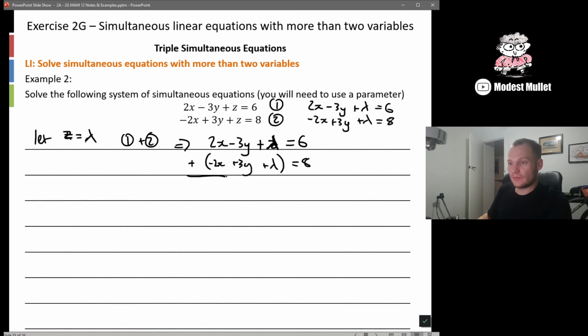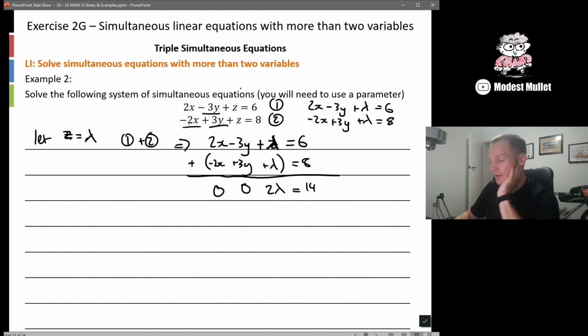That turns to 0. That turns to 0. We get 2 lambda equals 14. That's not right. What's going on here? I think the 2x is always going to cancel with negative 2x, and negative 3y is always going to cancel with positive 3y. So I'm thinking I've done something wrong here. We might leave this for now.